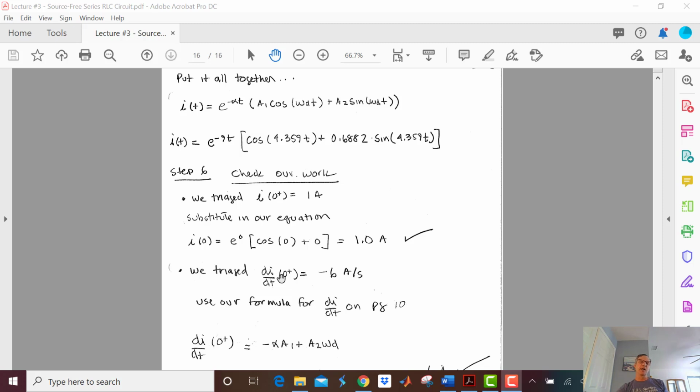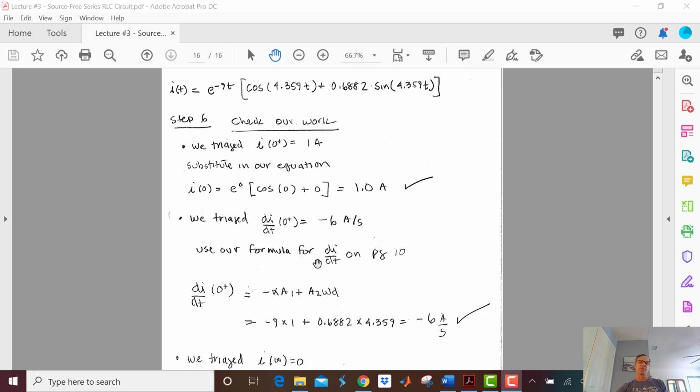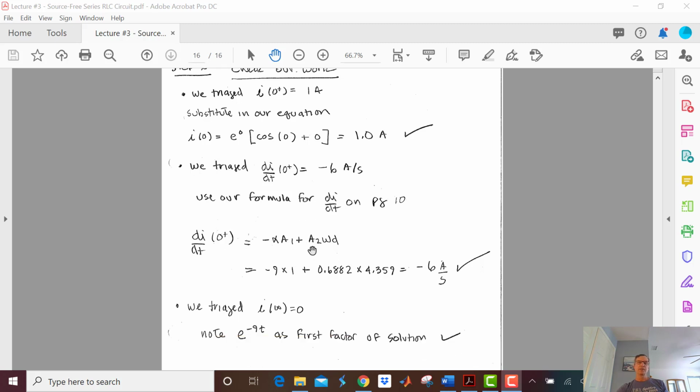We triaged di dt at 0 plus was equal to minus 6 amps per second. So I'm not going to rederive that derivative. Let's just use the formula that we came up with for the derivative. And here it is. Let's put in our numbers at 0 plus. I substitute in my numbers, and I get minus 6 amps per second.